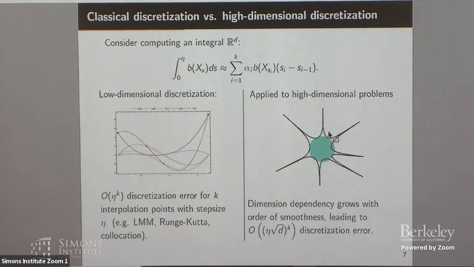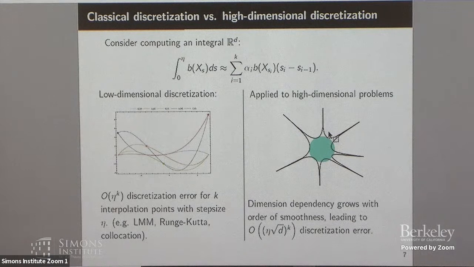So why is it so difficult? A lot of things break down in high-dimensional problems, and discretization is one of them. The problem with discretizing this high-dimensional integral is that, as we just said, the difference between the point where you evaluate the discretization and the actual point that the differential equation generates is of order eta times root d.